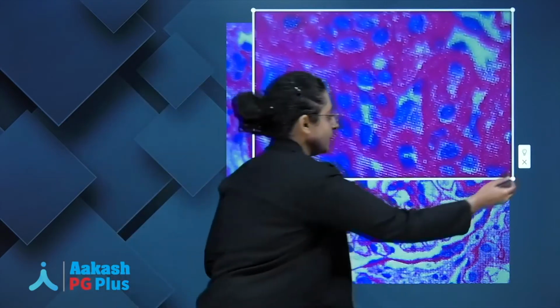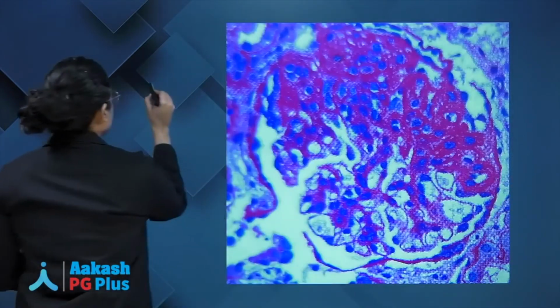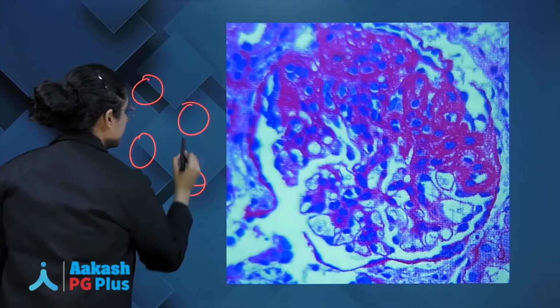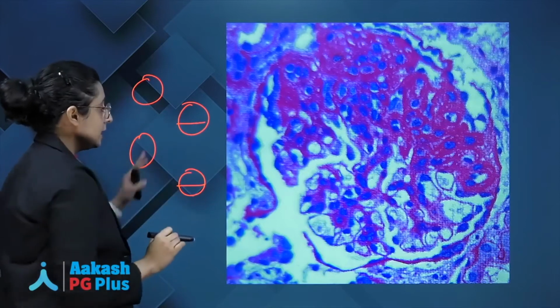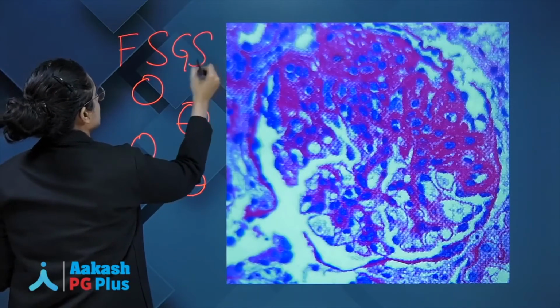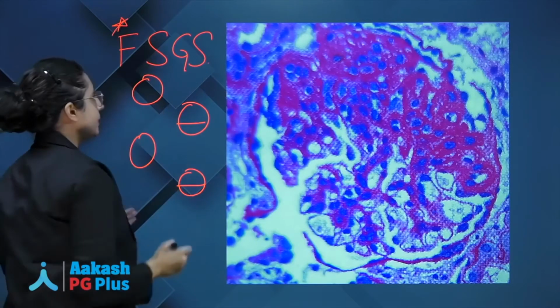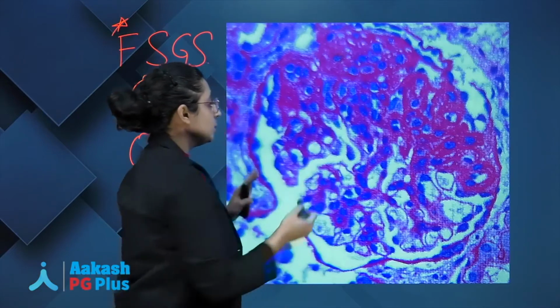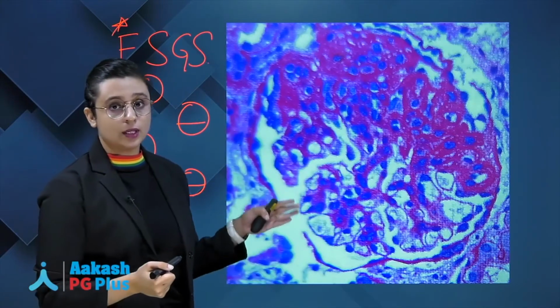That means if there are number of glomeruli, only few will be affected, and that too only a segment will be affected. So that is a case of focal segmental glomerulosclerosis. Very important. Focal segmental glomerulosclerosis, only a segment is involved and only few of the glomeruli will be involved in biopsy.